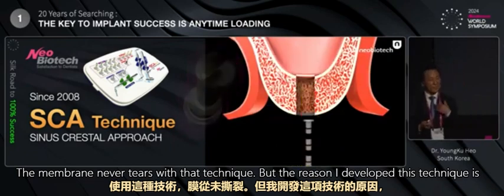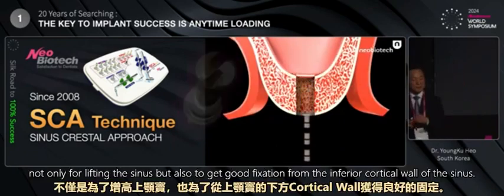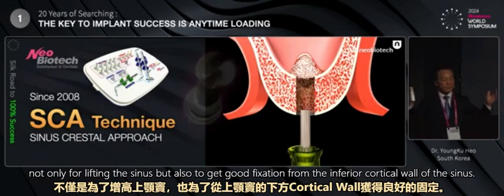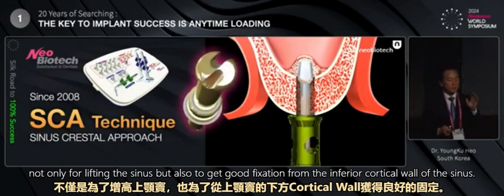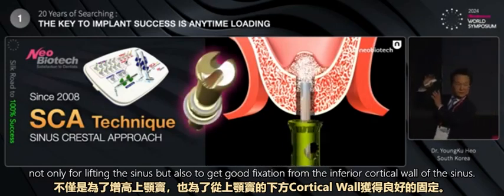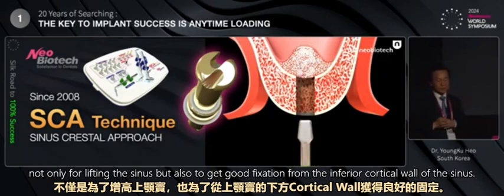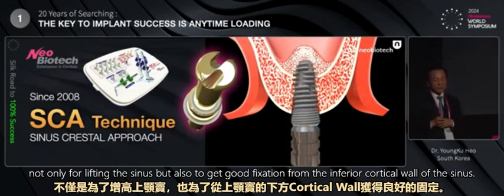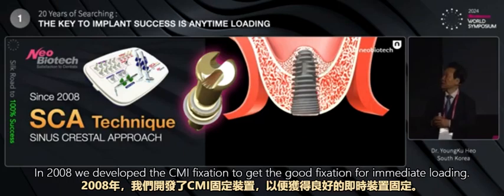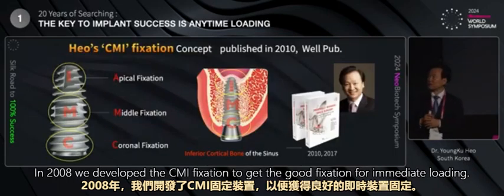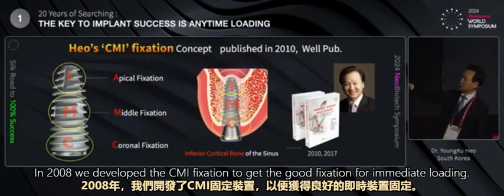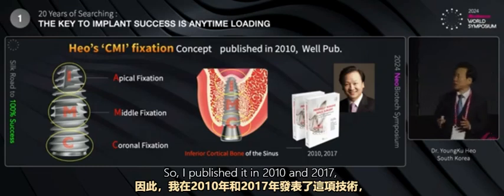But the reason I developed this technique is not only lifting the sinus, but also that we get good fixation from the inferior cortical lobe of the sinus. That was the reason I developed it. And also, in 2010, actually it's 2008, we developed the CMI fixation to get good fixation for immediate loading.